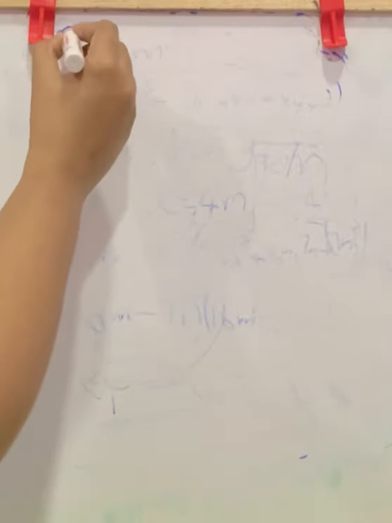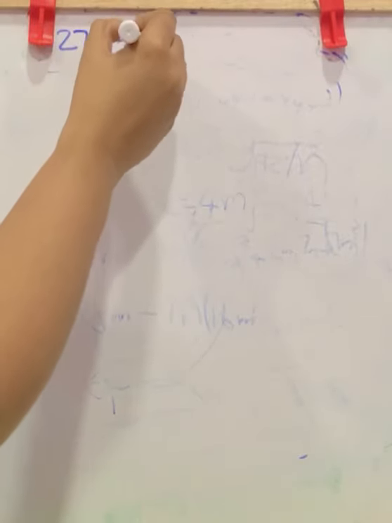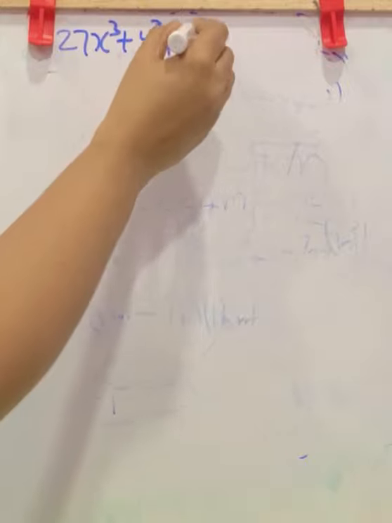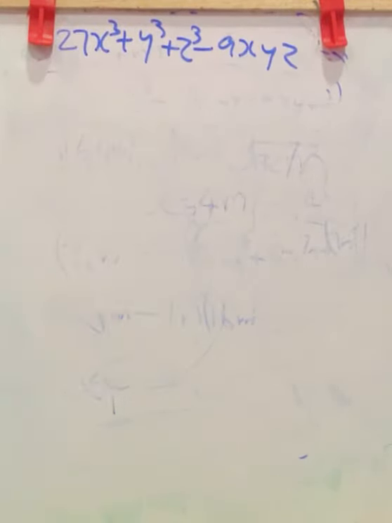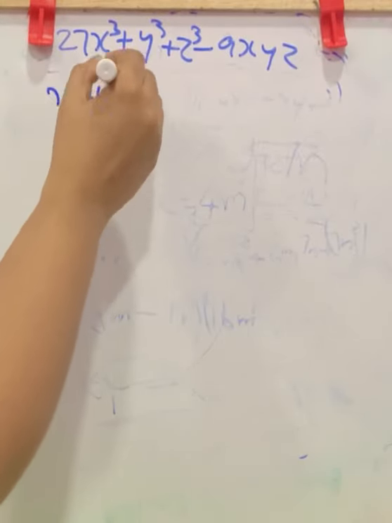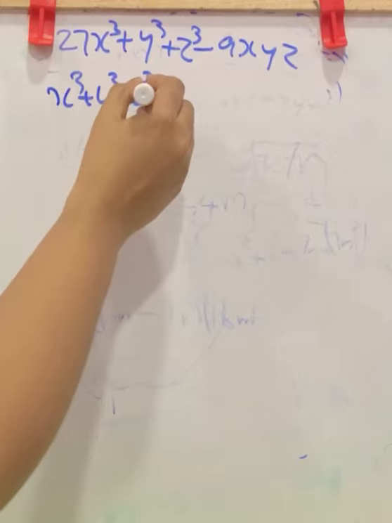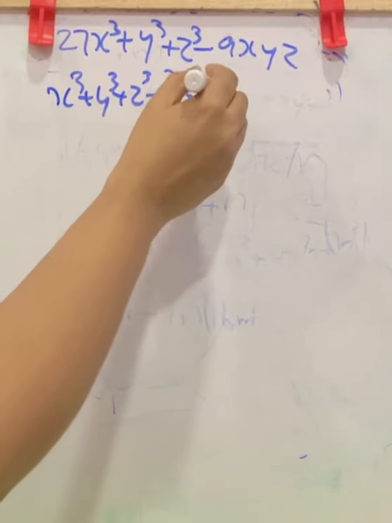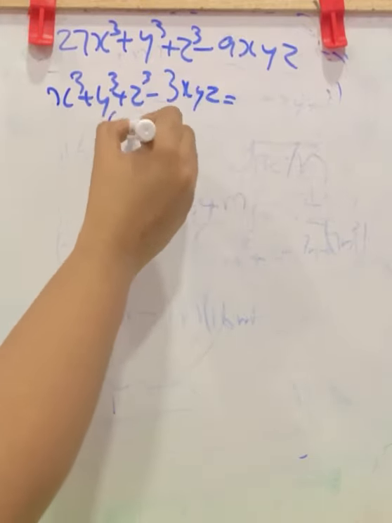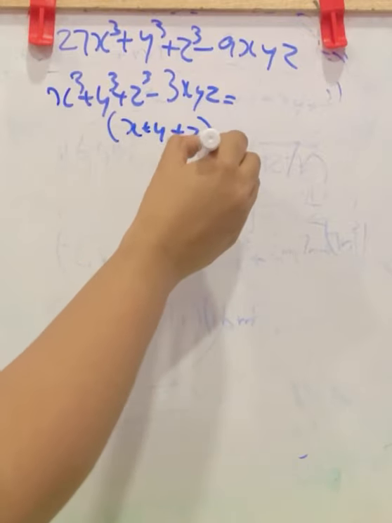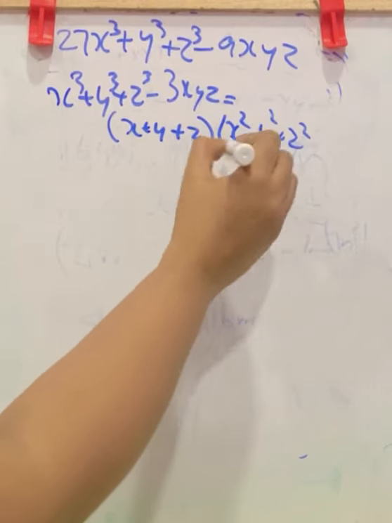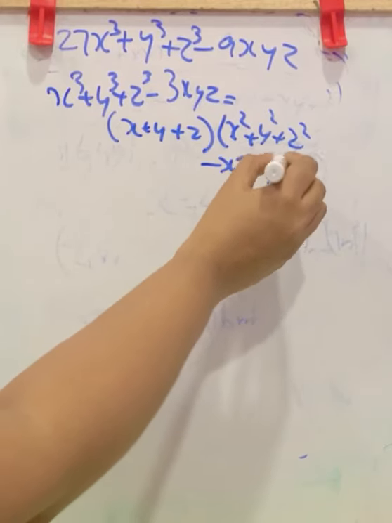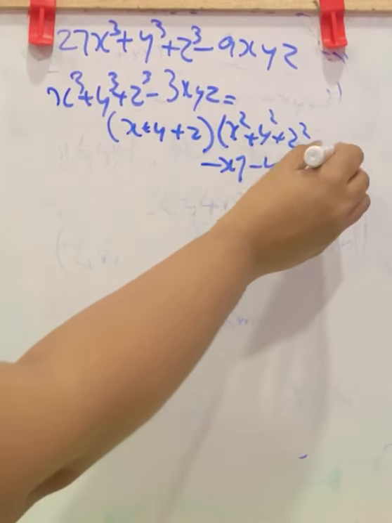Factorize 27x cube plus y cube plus z cube minus 9xyz. We know an identity, that is x cube plus y cube plus z cube minus 3xyz is equal to x plus y plus z into x square plus y square plus z square minus xy minus yz minus zx.